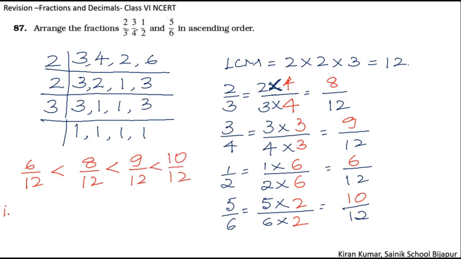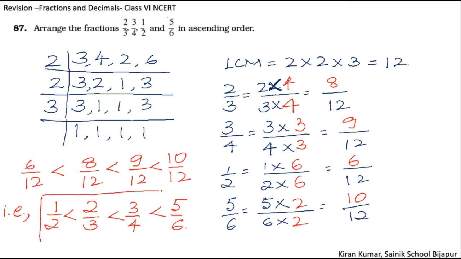That is 6 by 12 is same as 1 by 2, less than 8 by 12 is same as 2 by 3, less than 9 by 12 same as 3 by 4, less than 10 by 12, which is 5 by 6. Hence we have written the numbers in ascending order.